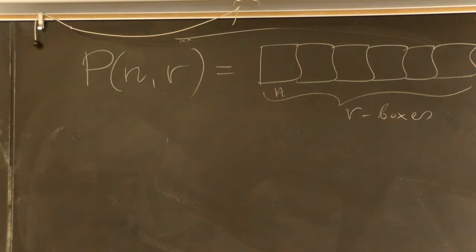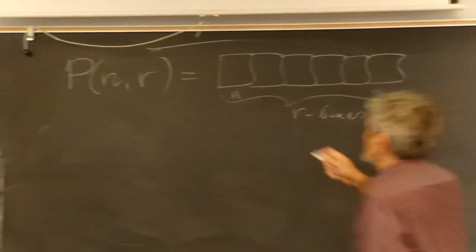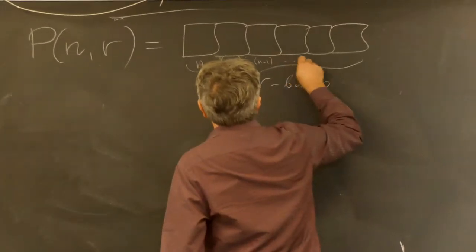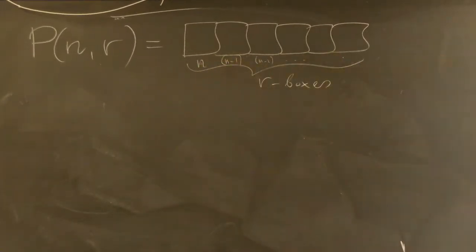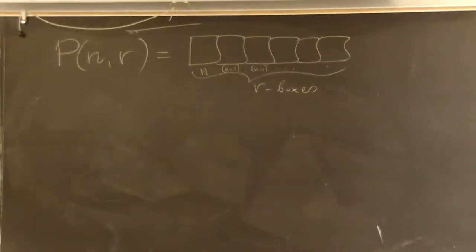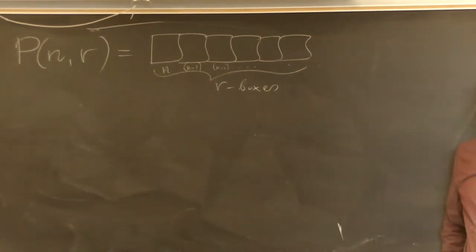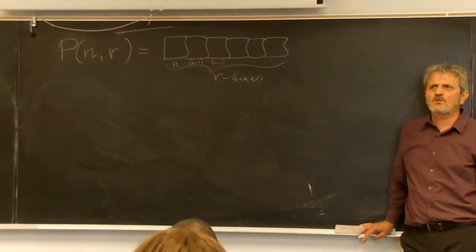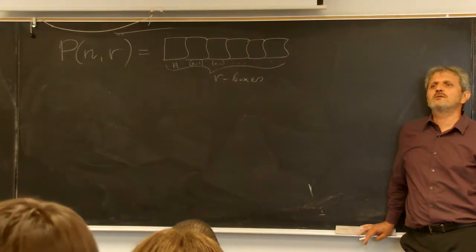That means next time you can choose whichever one of the remaining n minus 1. So this is n minus 1. This is n minus 2. Now what is the last one? When I choose the r-th one, in how many ways can I do that? That's maybe a little tricky to envision in a general case. What would that be?